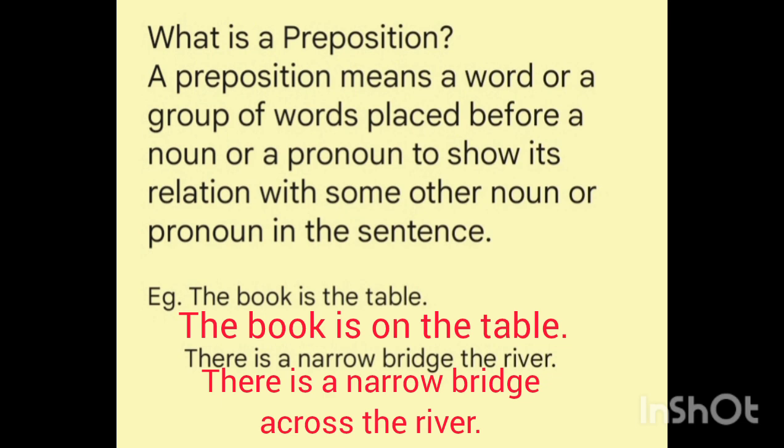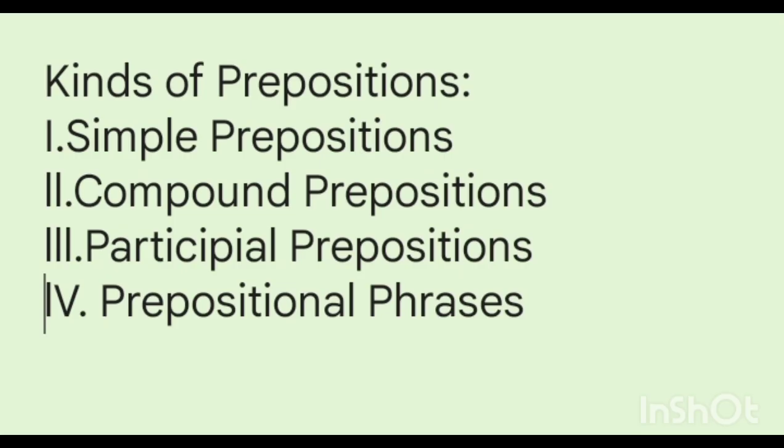There is a narrow bridge across the river. Now we know the relationship between the bridge and the river. It is very clear now. So here the word across is the preposition.